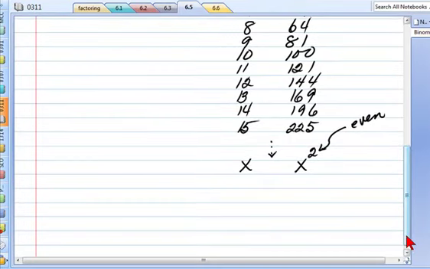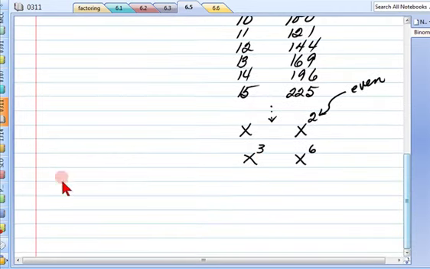Okay? And it could be a higher power. What if I had x to the 6th? That's a perfect square because its exponent is even. What would its square root be? X to the 3rd. Okay, so all of that's going to come into play as we look at problems.